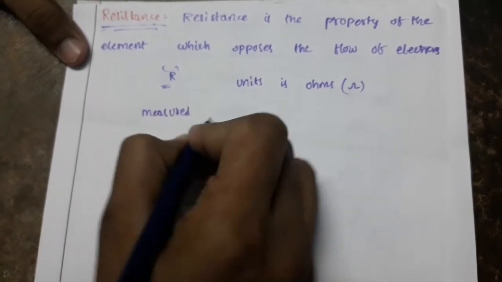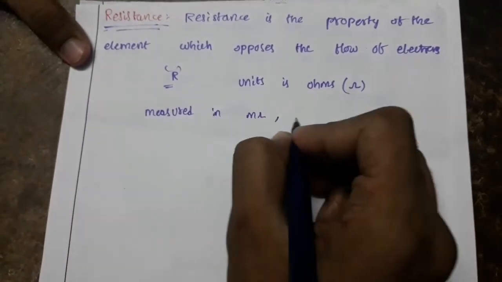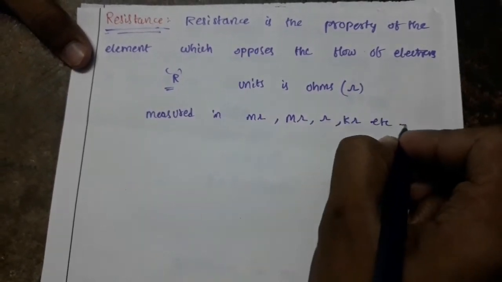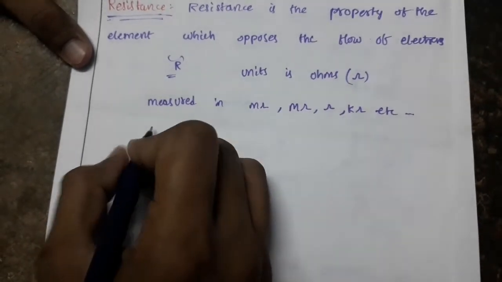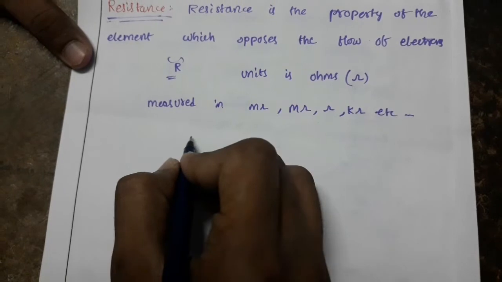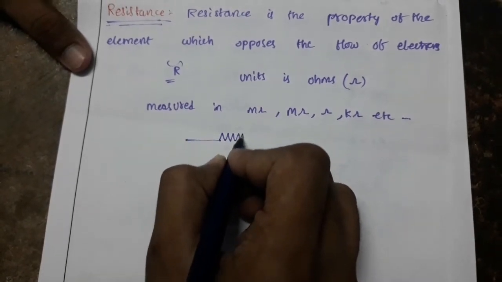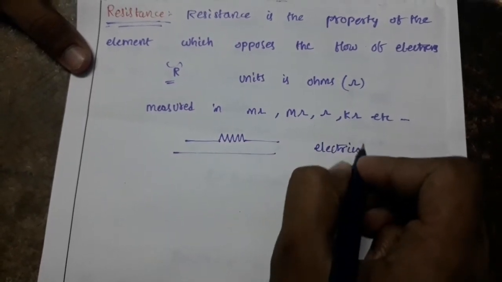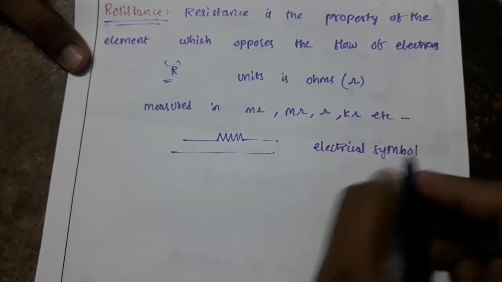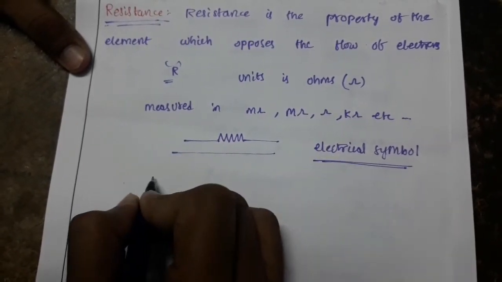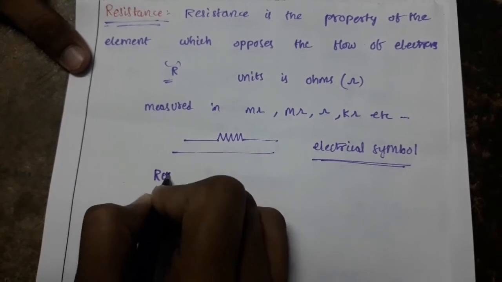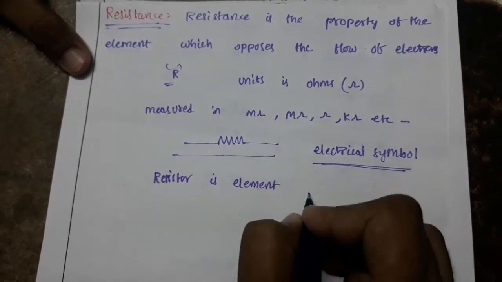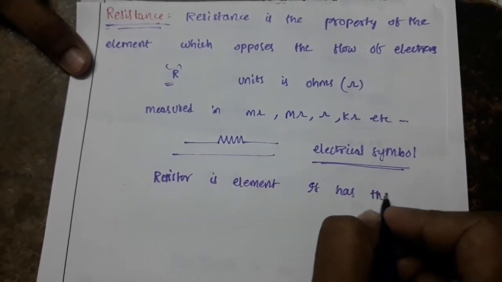It is generally measured in milliohms, megaohms, ohms, kiloohms, etc. This is the electrical symbol. A resistor is the element that has the property called resistance.